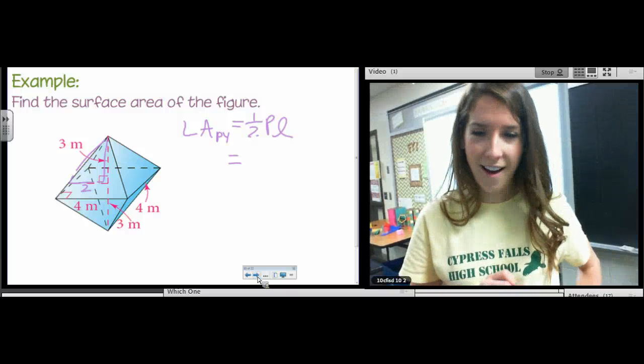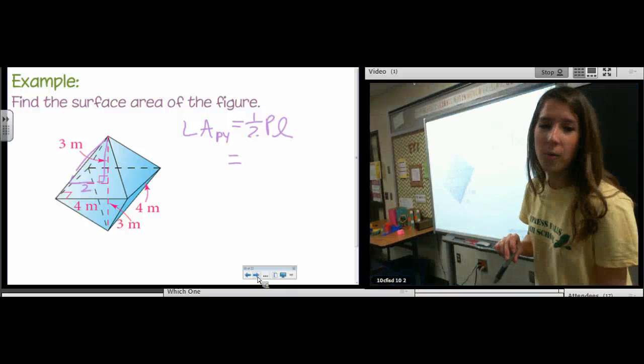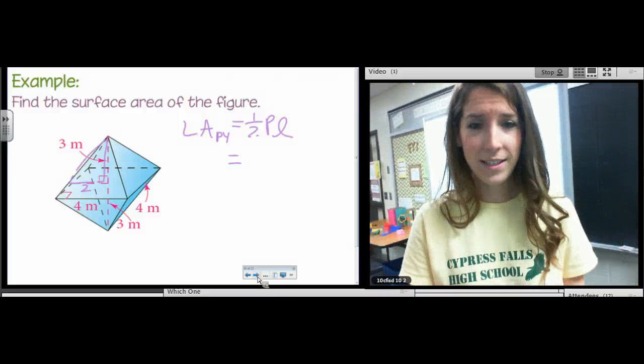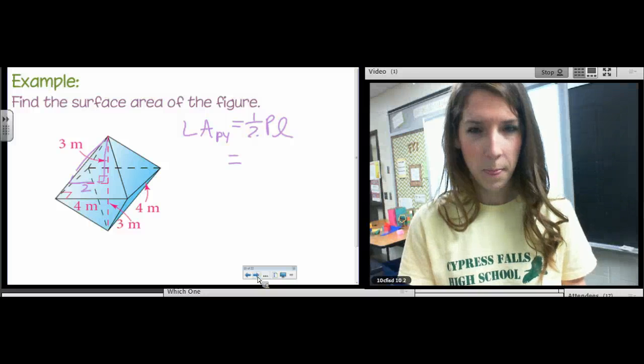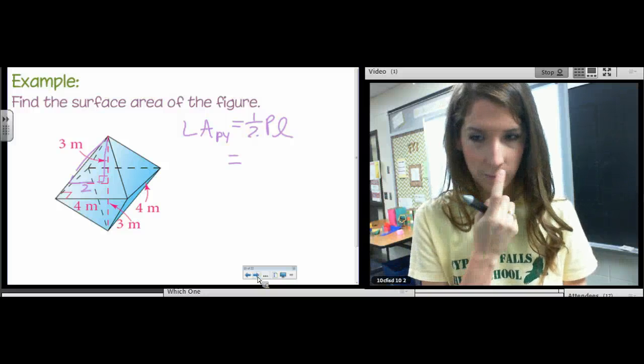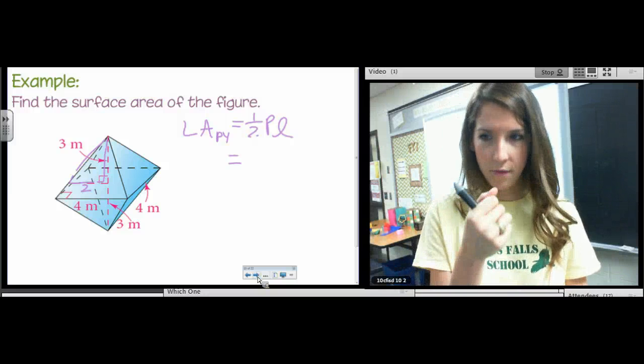There you go, Taha. L, whoa, why are we all getting different things? 2 squared plus 3 squared. There you go, square root of 13.